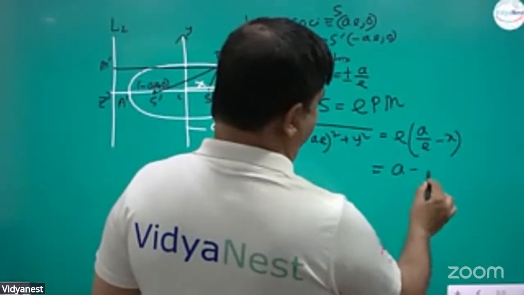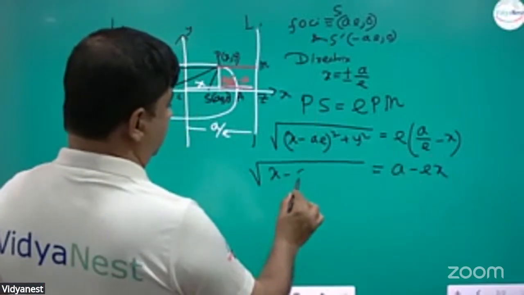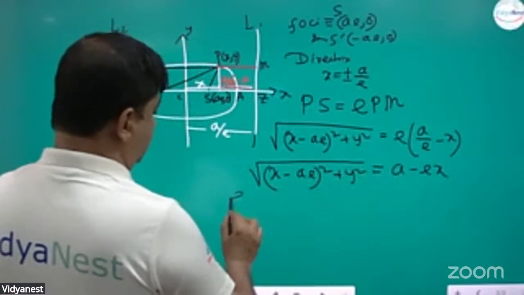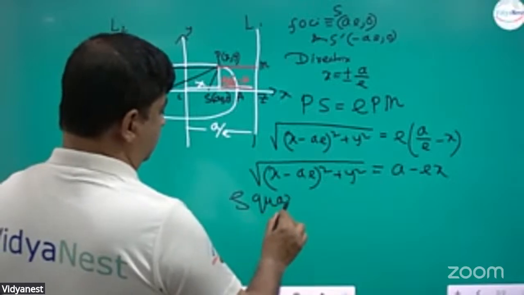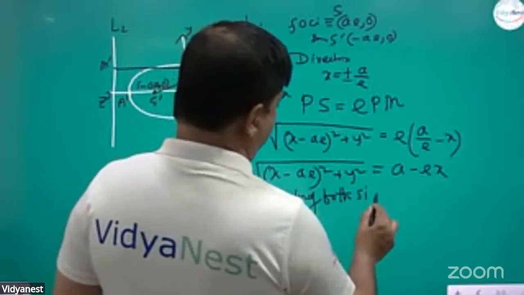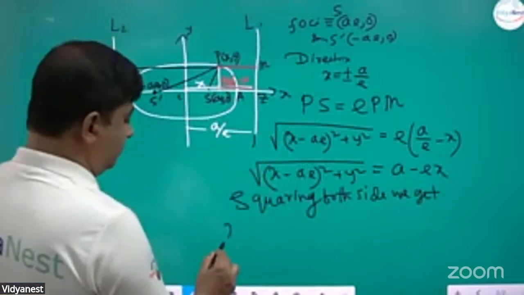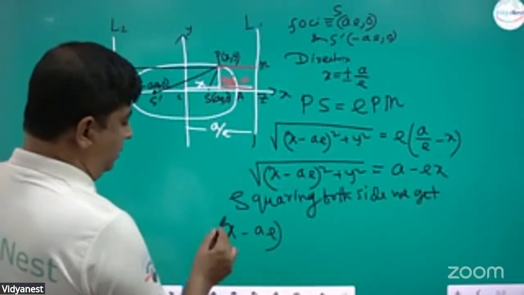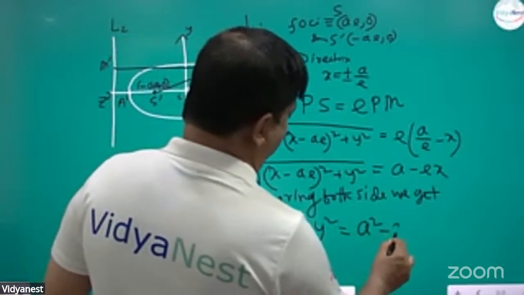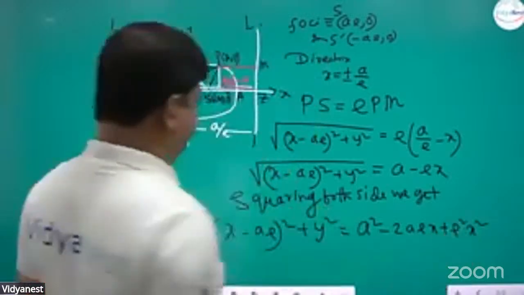Multiply. Now, squaring both sides, we get (x minus a) whole square plus y square equals e square (a by e minus x) whole square.